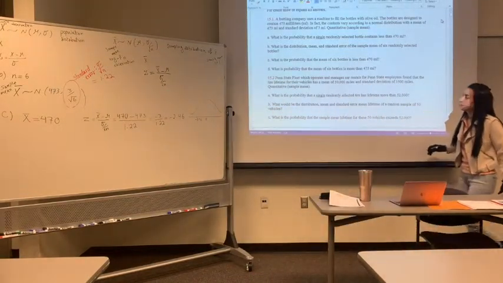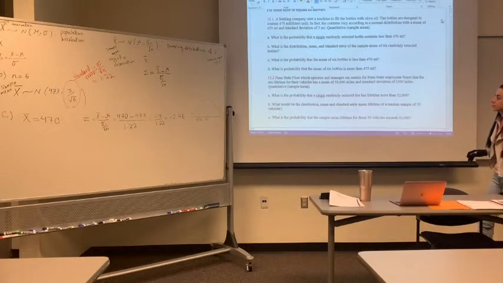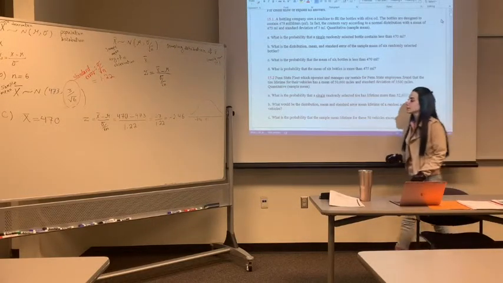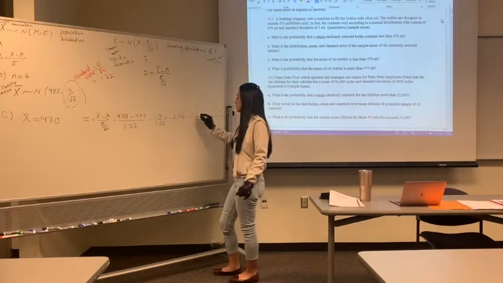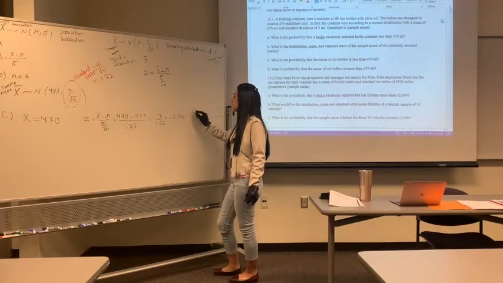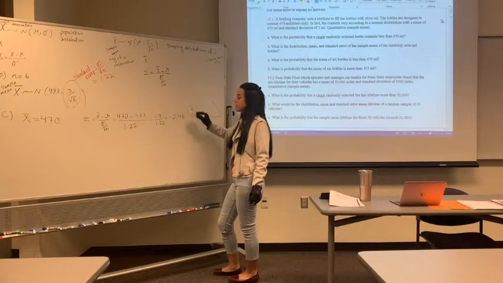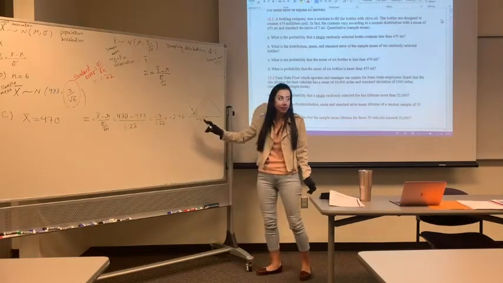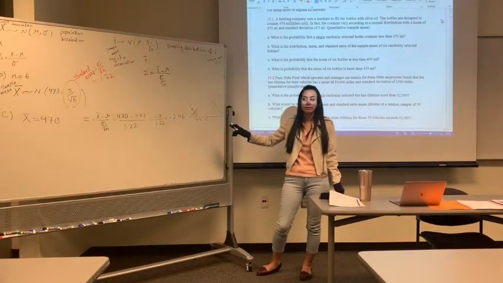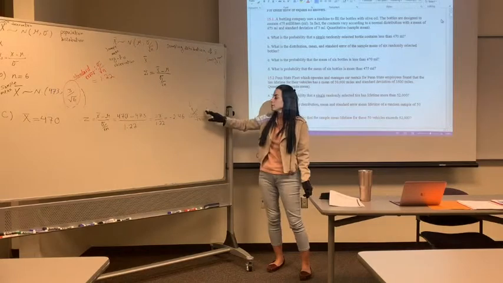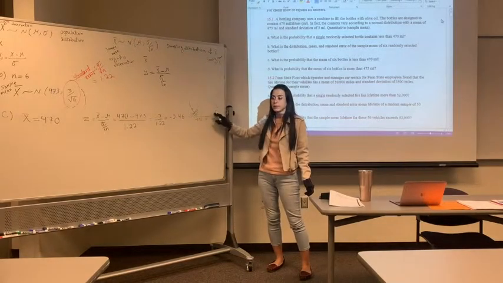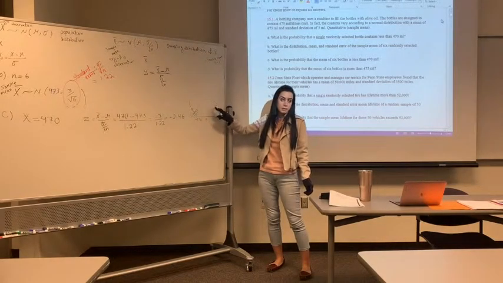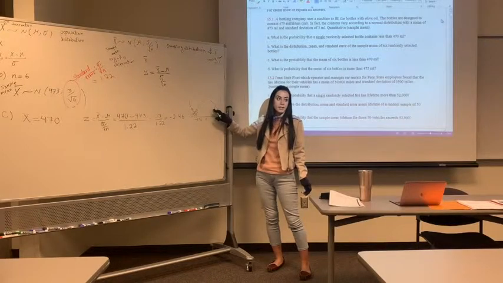It says, what is the probability that the mean of 6 bottles is less than 470? That means we are going to find the area on the left side, because this area shows the less than probability, correct? If it was a more than probability, we would shade this area and we should find this area, correct?